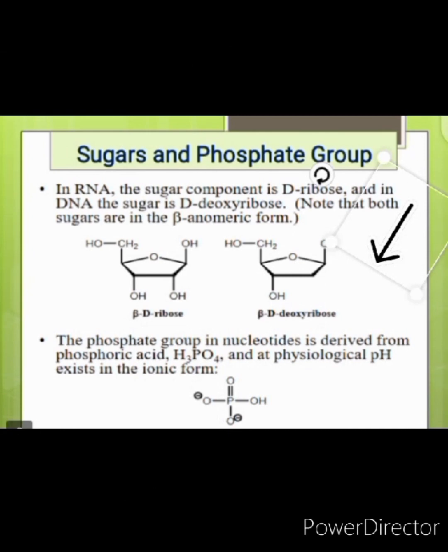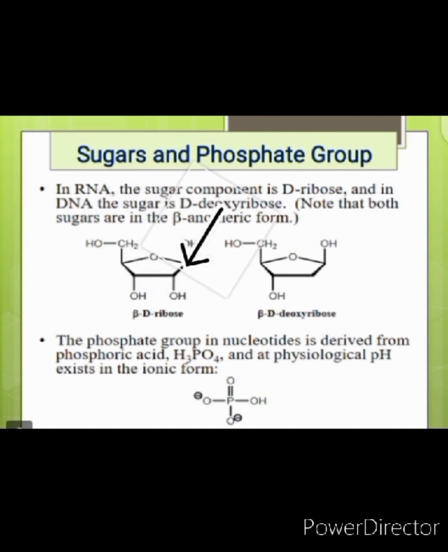So, sugars and phosphate group. In RNA, the sugar component is ribose, and in DNA, the sugar is deoxyribose. Note that both sugars are in the beta anomeric form. We have 5 carbons: carbon 1, carbon 2, carbon 3, carbon 4, carbon 5.